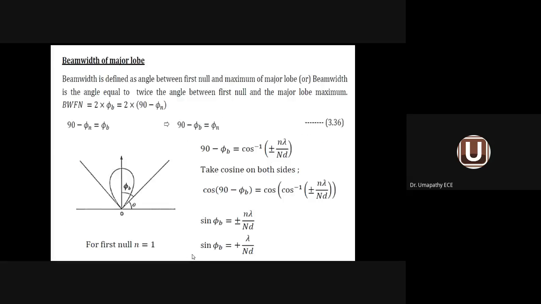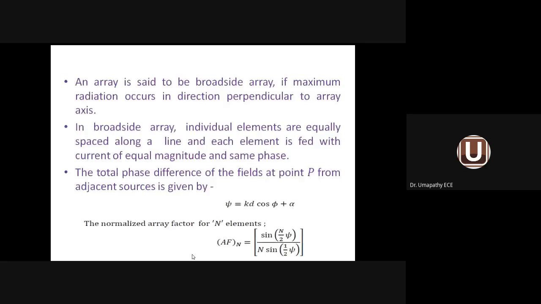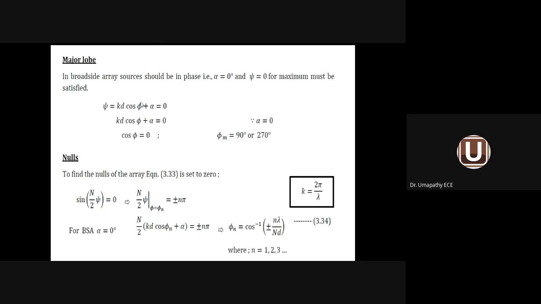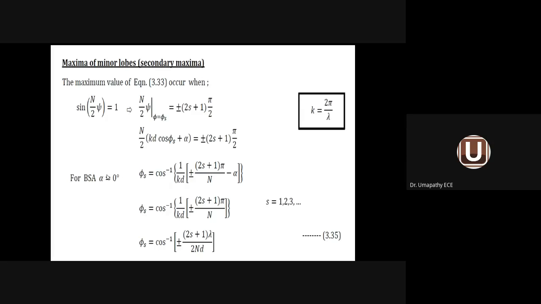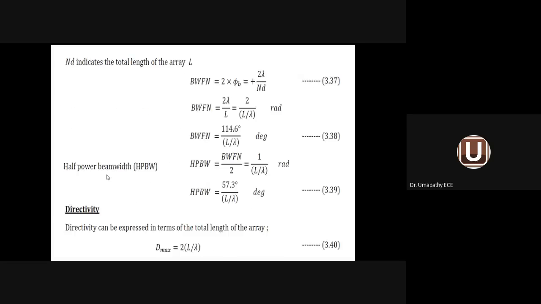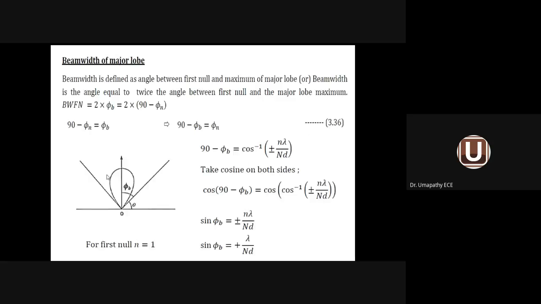So I come from the beginning. We have taken a broadside array, an n-element uniform linear broadside array. From the previous topic, I am taking the normalized array factor for the n elements. The psi value also I am taking from there. I calculate 5 parameters. One is the major lobe, second is the null point, third is the secondary maxima, fourth is the beam width, fifth is directivity.